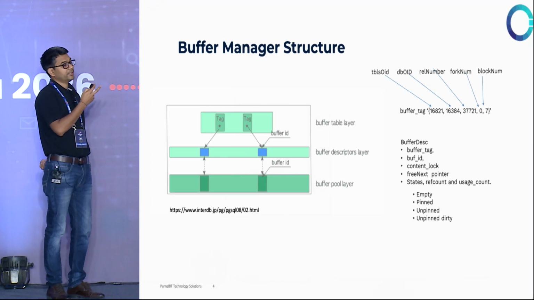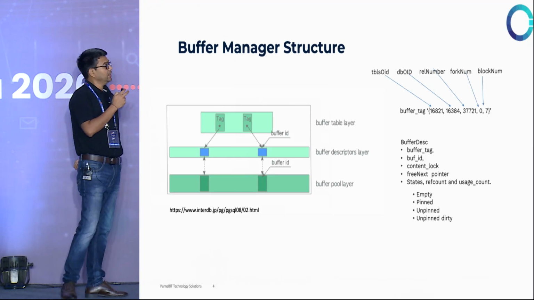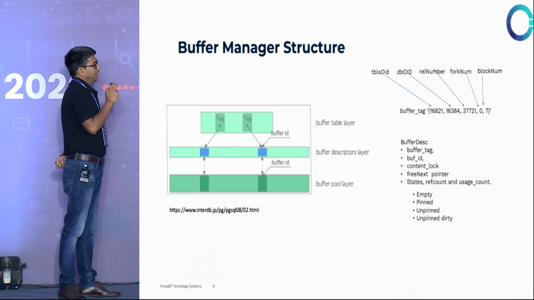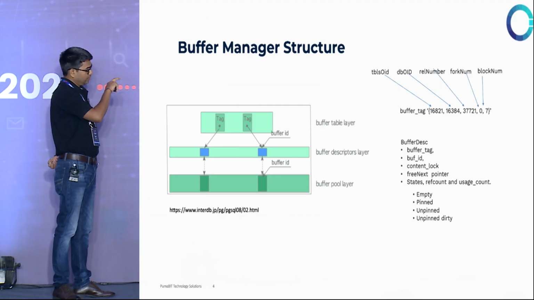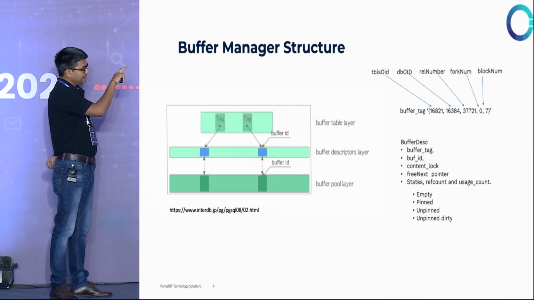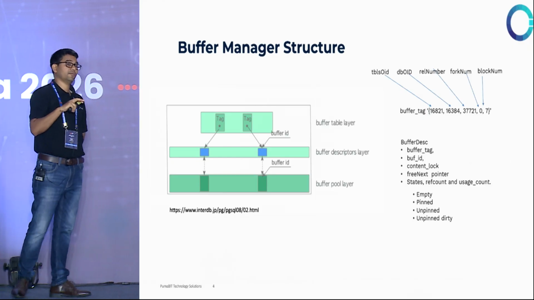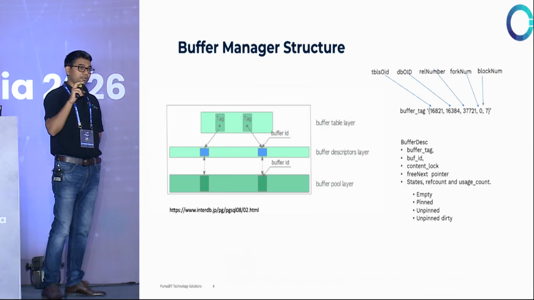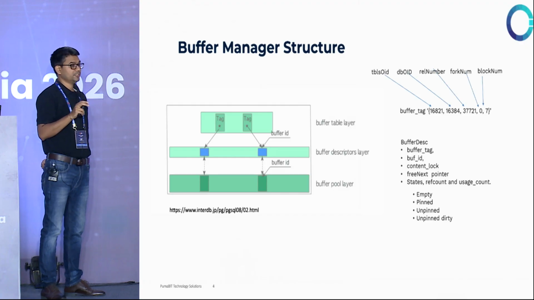That kind of pointer and information is kept in the buffer descriptor. It also keeps the buffer ID, which I will explain in the next layer. I will also explain the state of the buffer descriptor in a later slide. For now, understand that the buffer descriptor keeps the metadata, the tag ID and buffer ID, all the information about the page in memory.